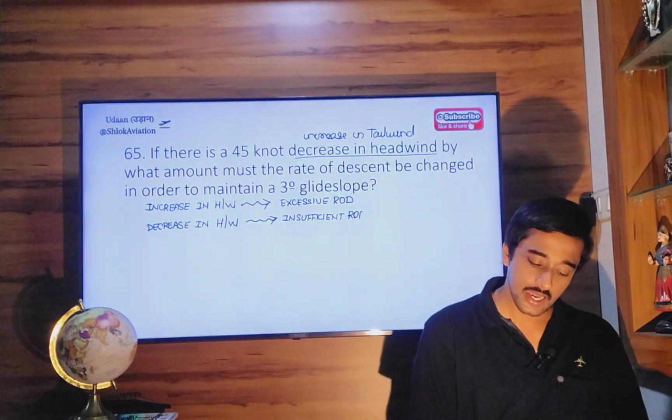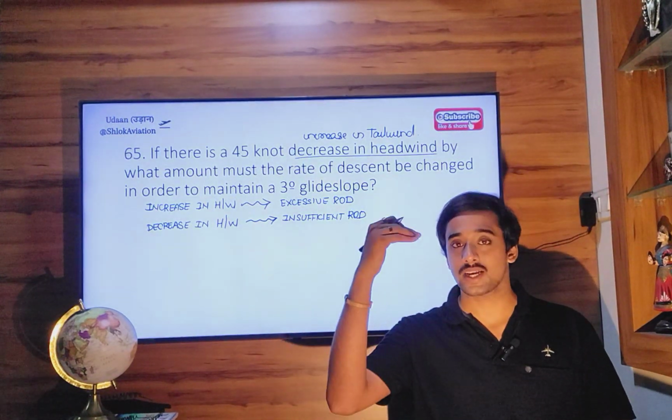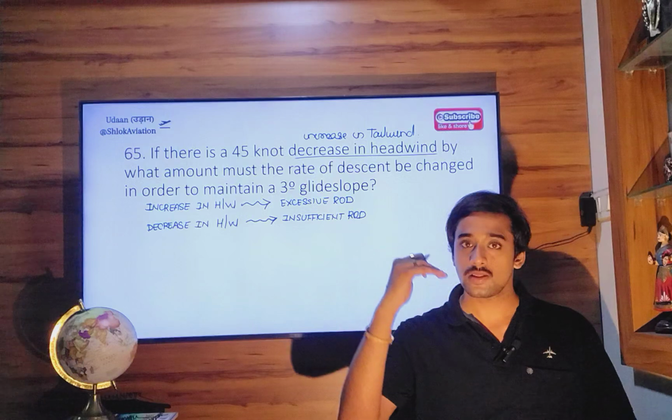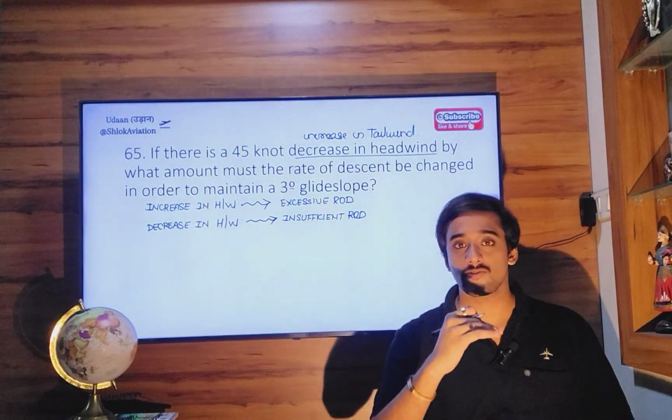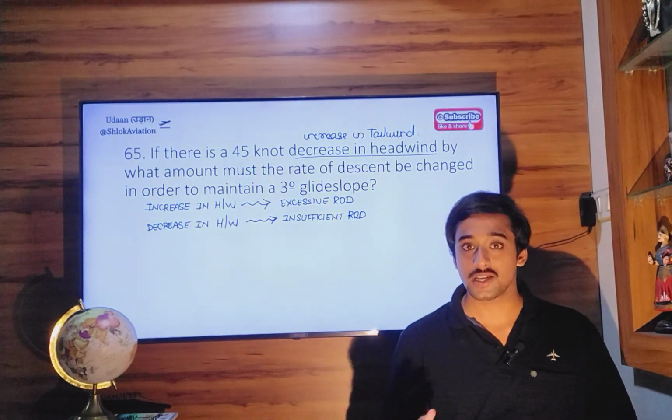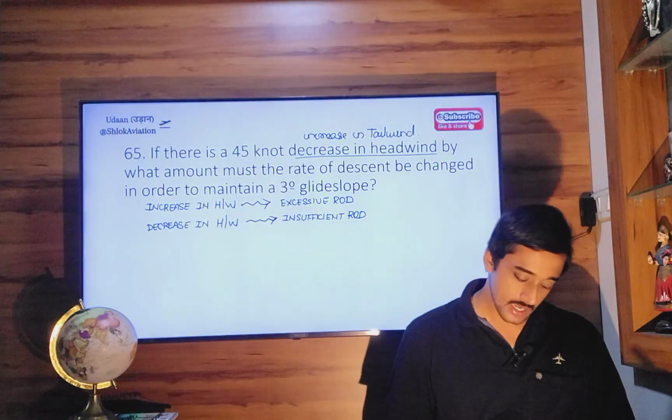That means the aircraft will find itself above the glide slope. It will come down towards the surface at a very slow rate, slower than expected, slower than required.